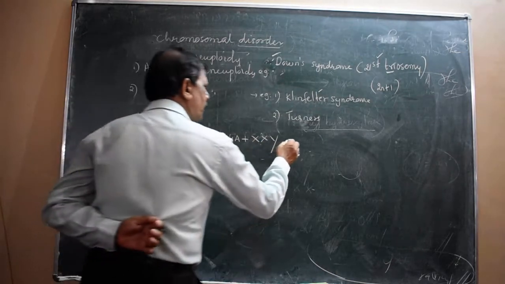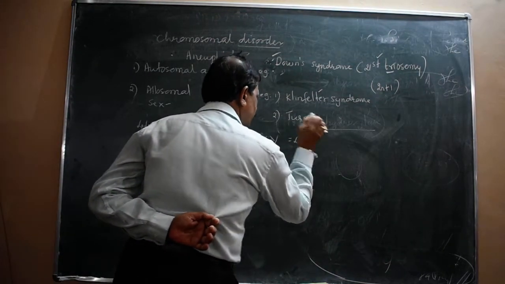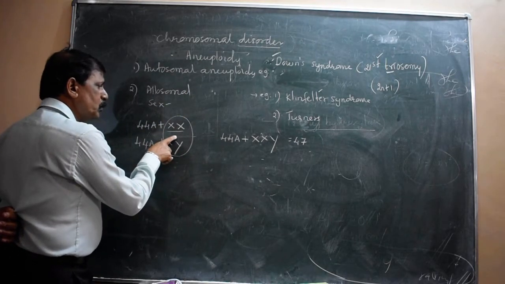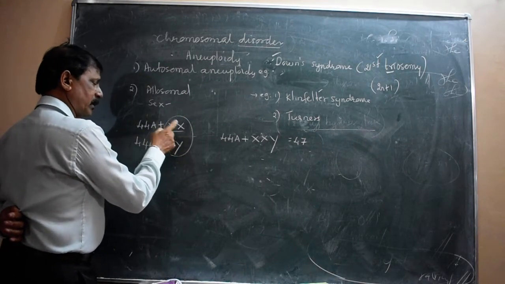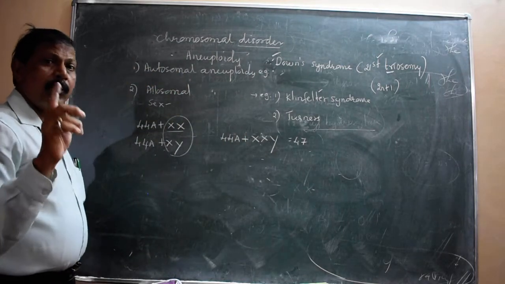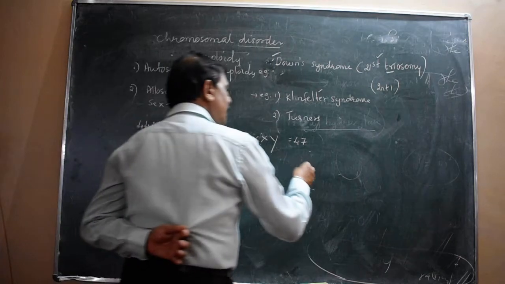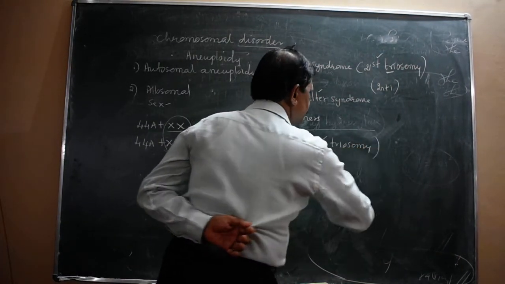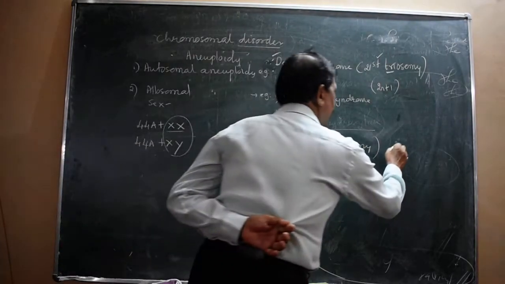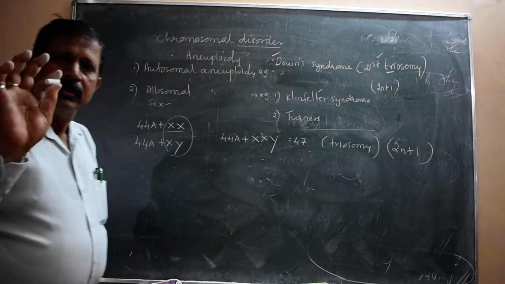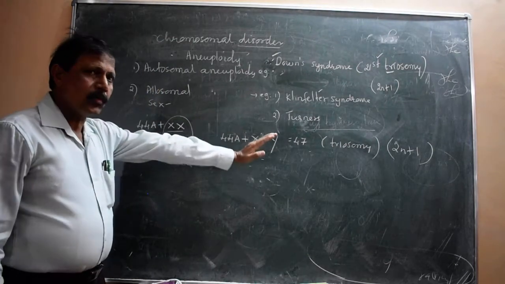The total number of chromosomes becomes 47. Instead of 2, one extra sex chromosome is present. So this again becomes a trisomy, and it can also be written as 2n plus 1.